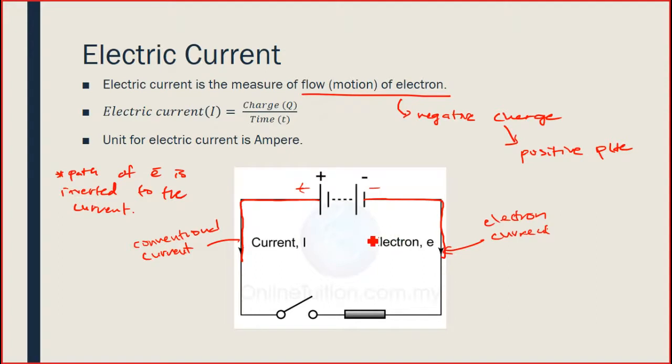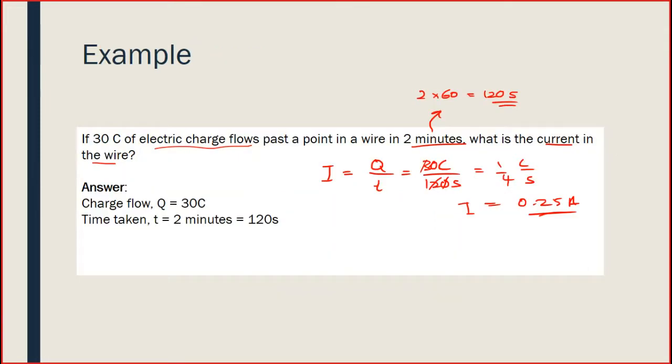But I believe people should know that what they are doing is a mistake, so that they can correct the perception. The current needs to move from negative to positive, because the moving charge is negatively charged. So the electrons move from the negative terminal up until the positive plate, because negative is attracted to positive. All right, so that is for current.